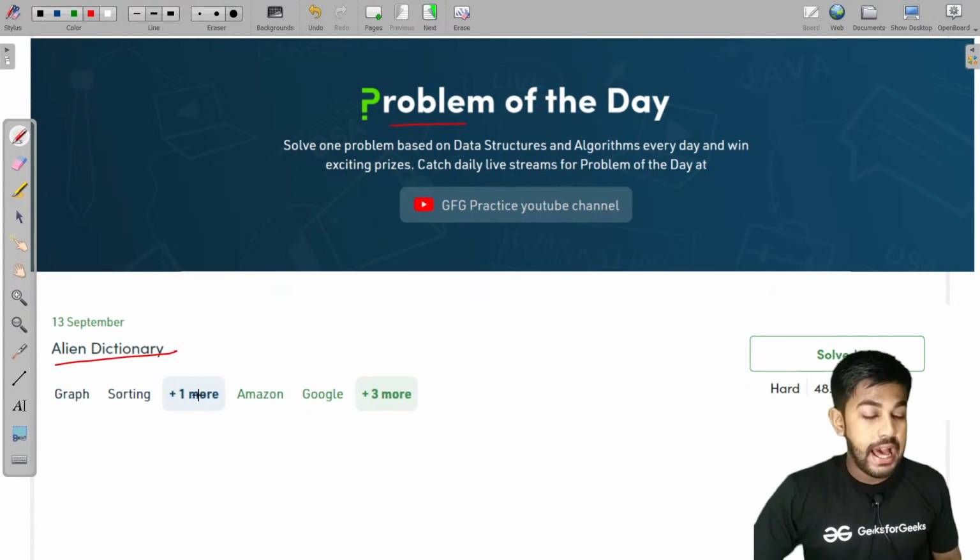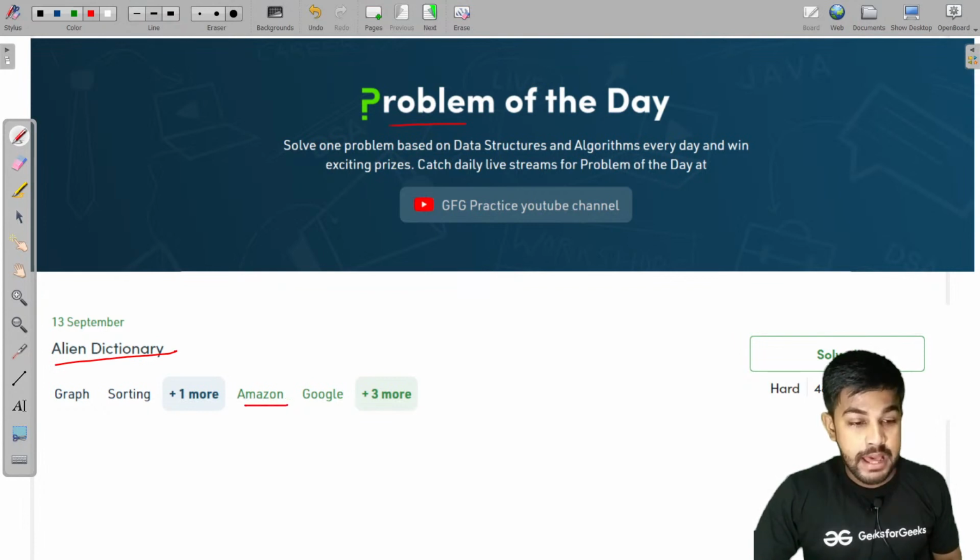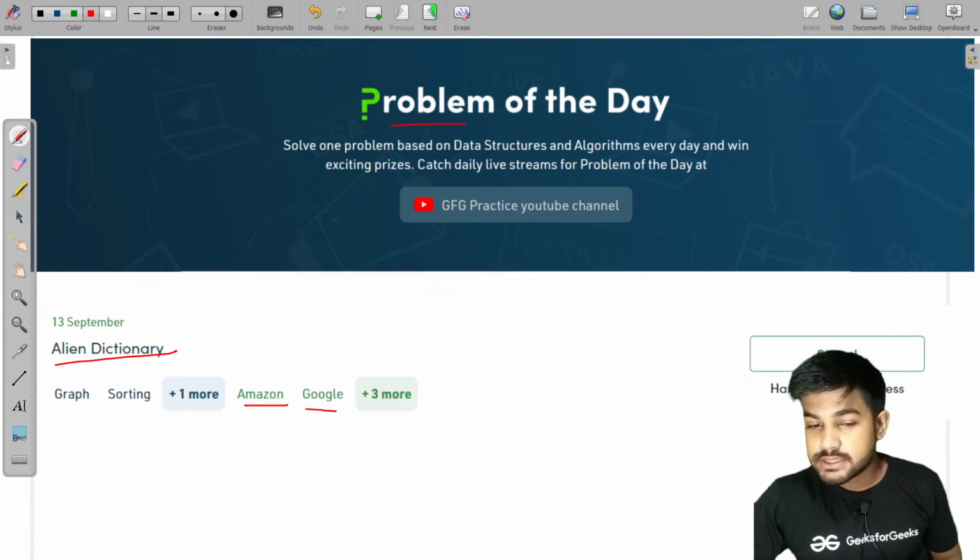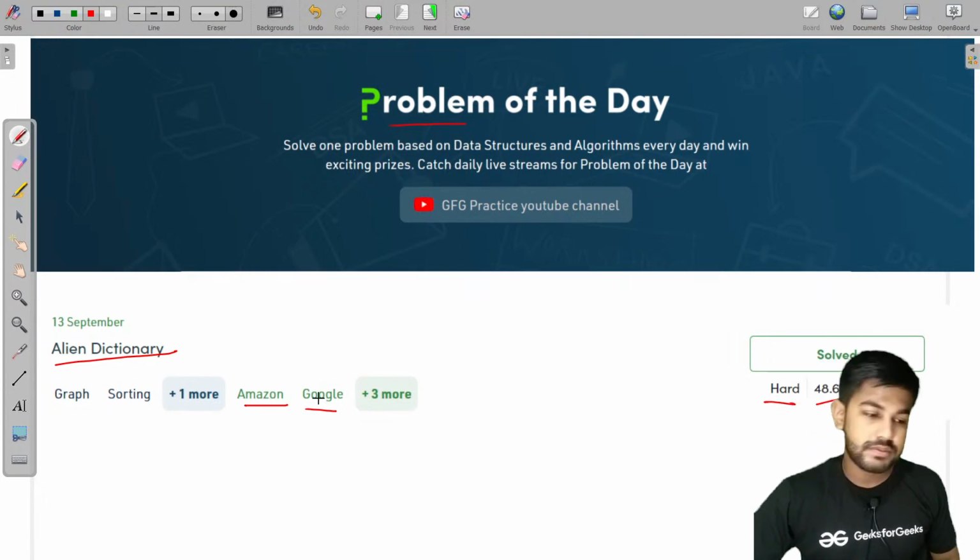And this problem came in Amazon, Google, and three more good companies. This is a very important problem, the success percentage is around 49%, and it is a hard level problem. Okay, now let us move forward.